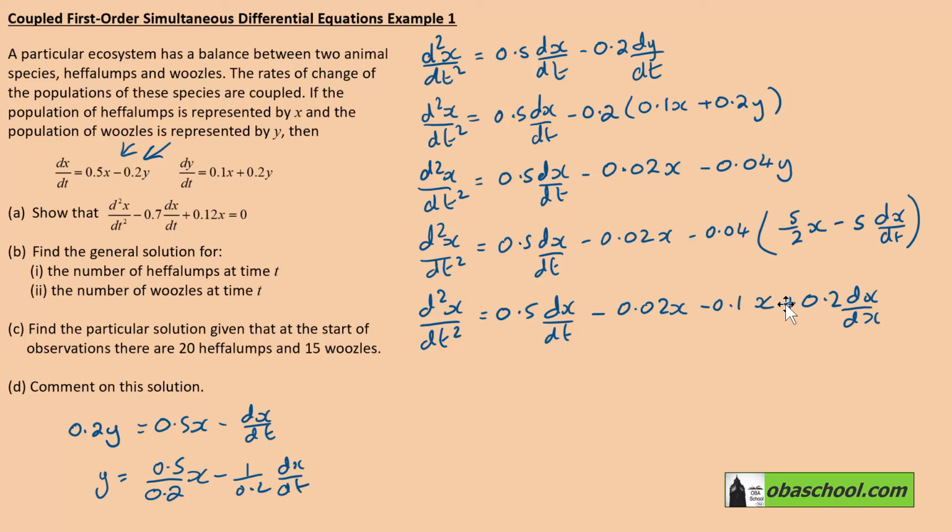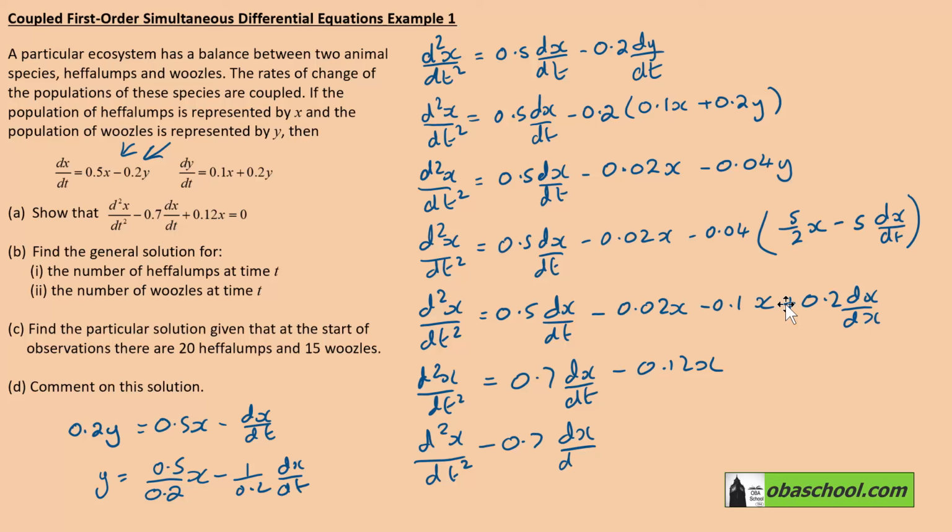Of course that's a plus because we've got the minus there. And so d²x/dt² is 0.7 dx/dt, take away 0.12x, and then bring everything to one side. So take away 0.7 dx/dt plus 0.12x is equal to 0, and you'll see that that is this differential equation.